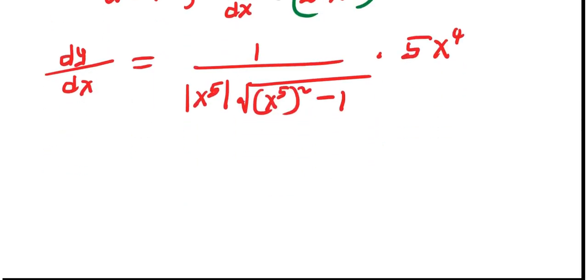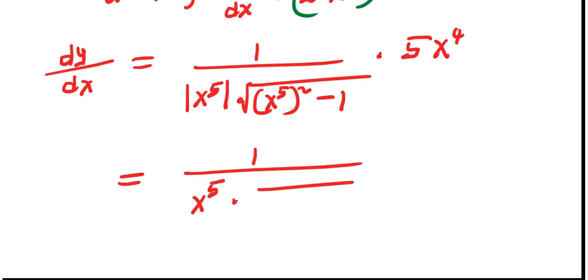So now the absolute value of x to the 5th power is still x to the 5th power, times the square root. x to the 5th power squared is x raised to the power 10, minus 1, times 5x to the 4th power.